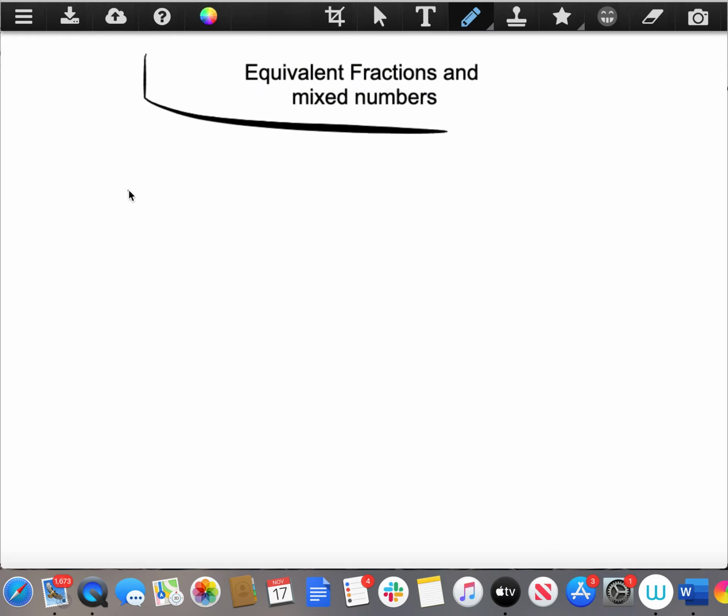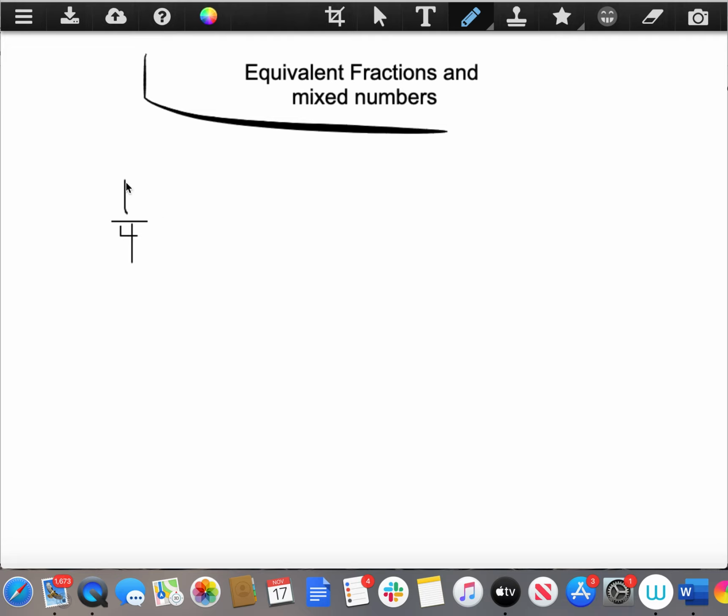If we have a fraction like 1/4 and we want to find an equivalent fraction to 1/4, there are two ways to make equivalent fractions. One way always works. The second way will work if it's a fraction that can be simplified.